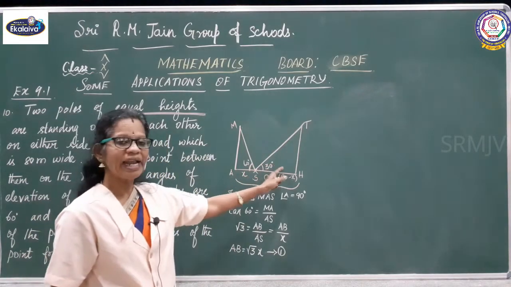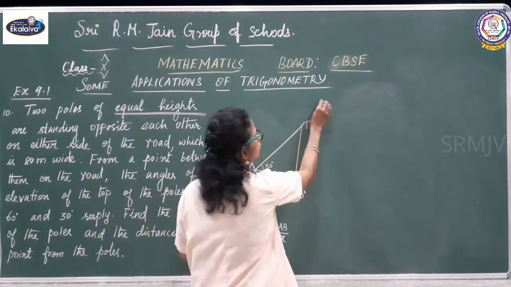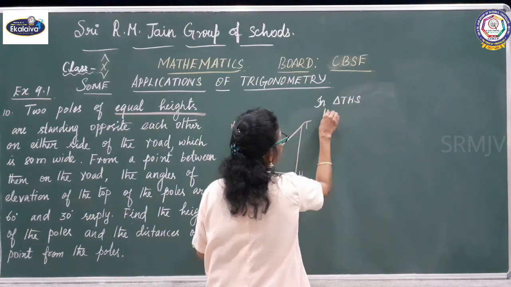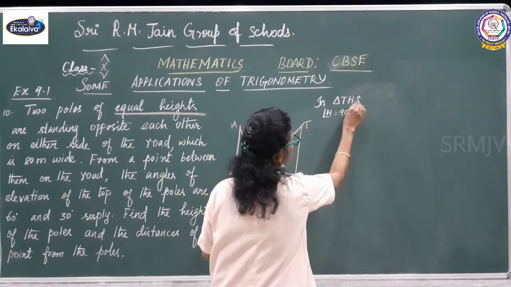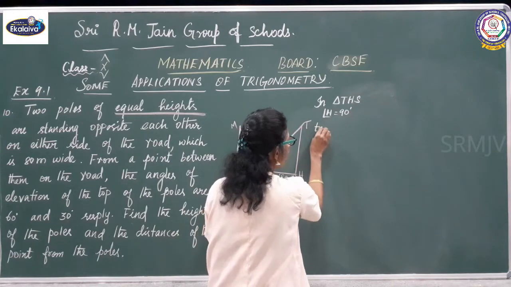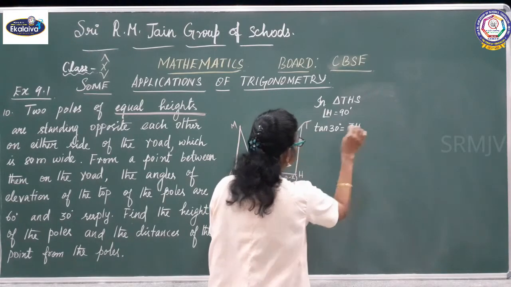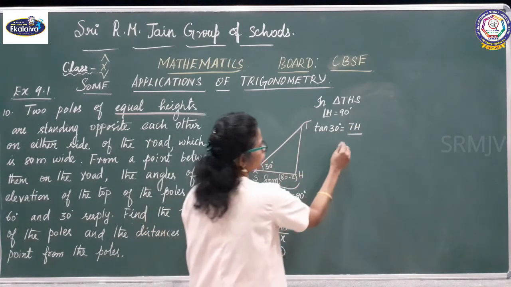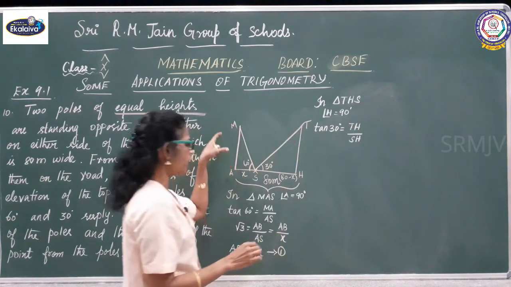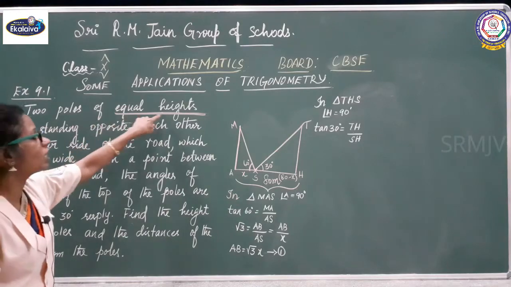Now, you pass on to the next triangle, that is THS. In triangle THS, angle H equal to 90 degree. Here the angle they mention is 30 degree. So, tan 30 degree equal to TH divided by SH. TH equal to MA. Will you agree or not? Why? Because it is given that two poles are of equal height.